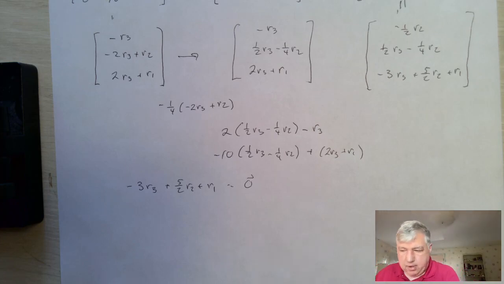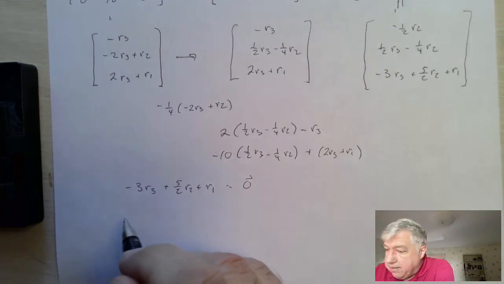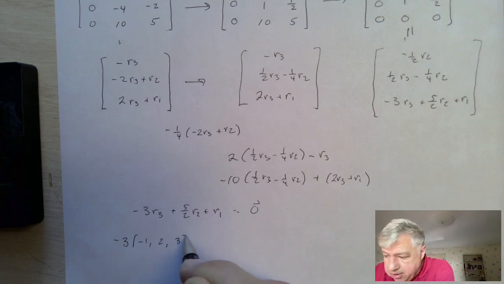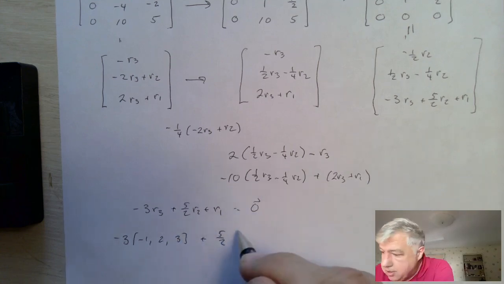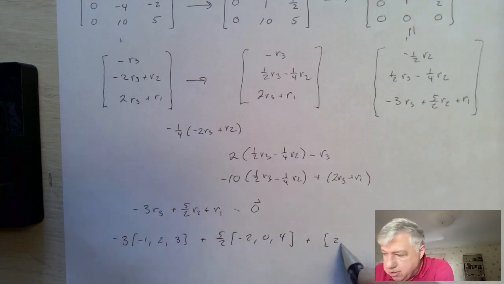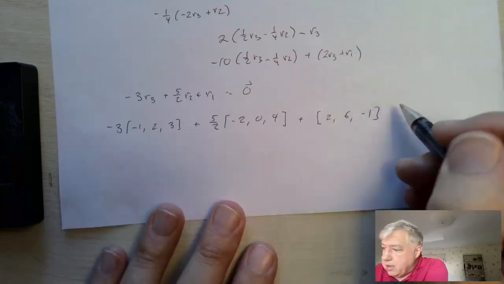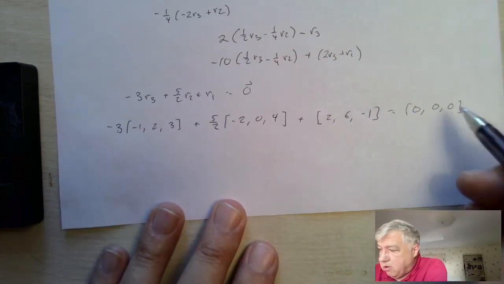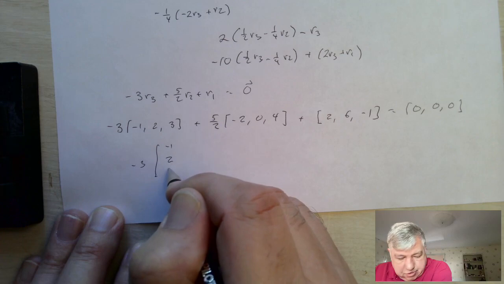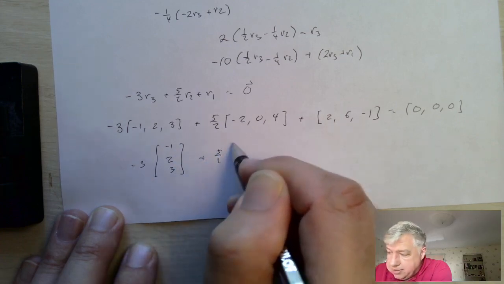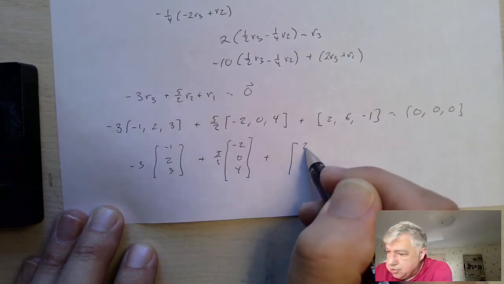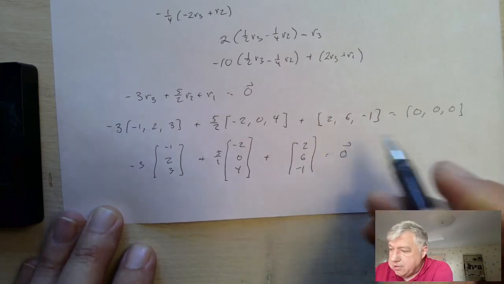And in fact, this tells us that -3 times (-1, 2, 3), plus 5/2 times (-2, 0, 4), plus 1 times (2, 6, -1) is equal to the zero row.